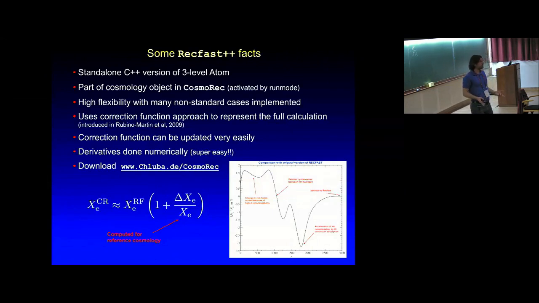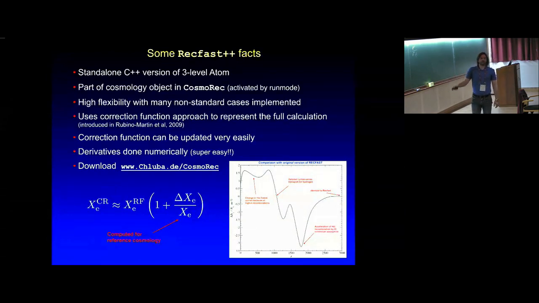And the nice thing is, of course, that if somebody updates the cosmology, or if somebody updates some of the physics, you can just run this code, replace the correction function file, and you're done, right? So it's very easy, whereas in Recfast++ there's a lot of fiddling going on, and it is a little bit cumbersome.